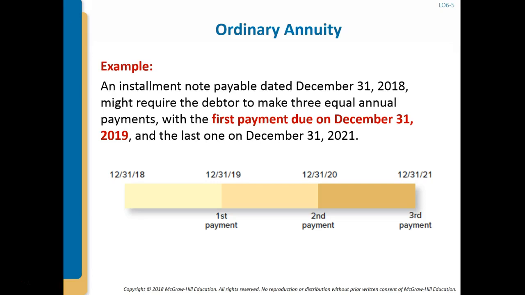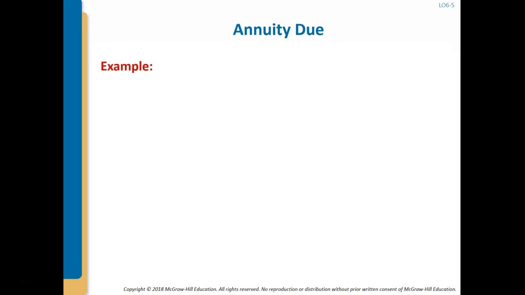Like an installment note payable dated on December 31st, 2018 might require the debtor to make 3 equal annual payments, with the first payment due on December 31st, 2019, and the last one due on December 31st, 2021. So this time diagram illustrates what is called an ordinary annuity.